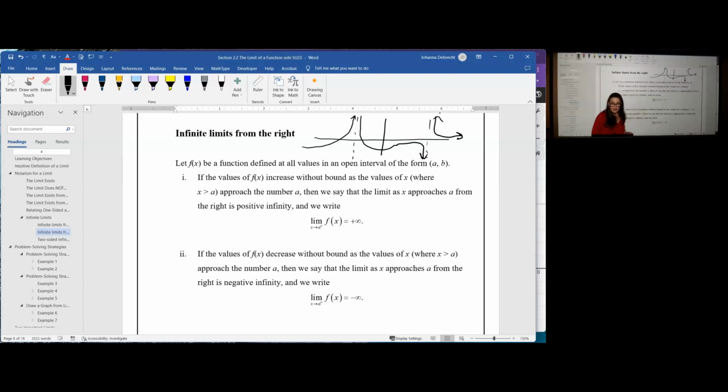If I were looking at the piece here on the left side, I would say that both one-sided limits go to positive infinity, and the two-sided limit goes to infinity. Technically, that means the limit does not exist. Infinity is not a finite real number.